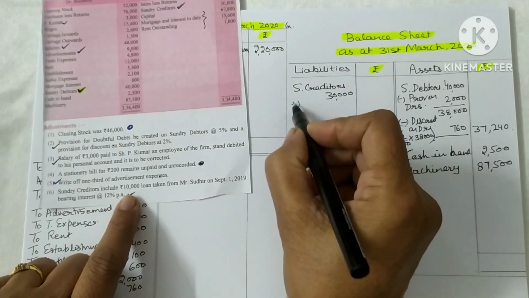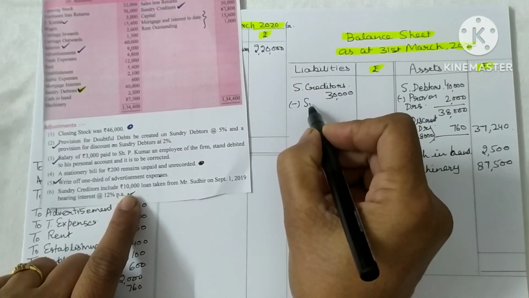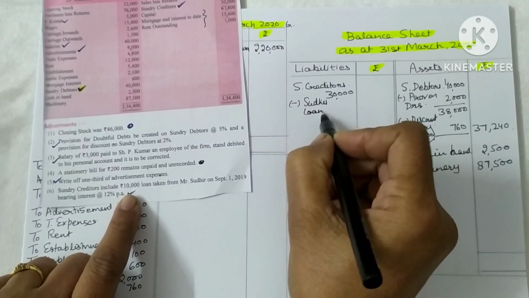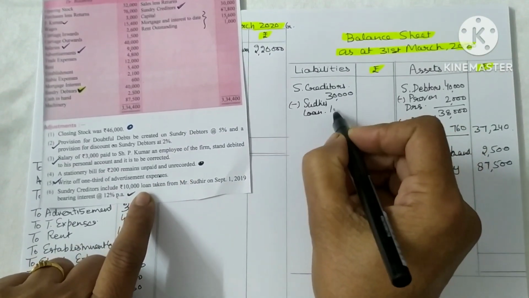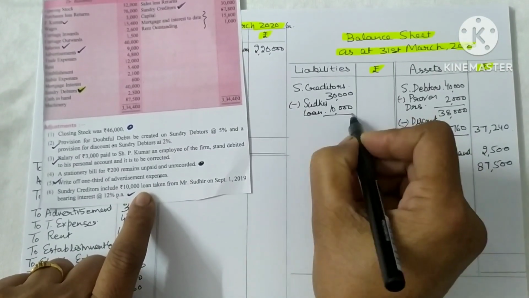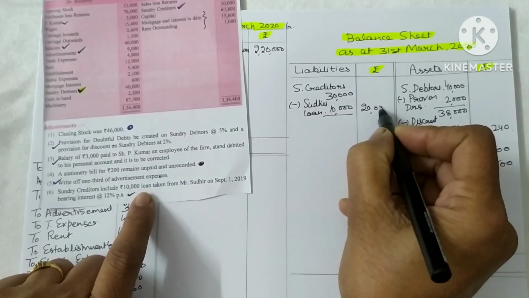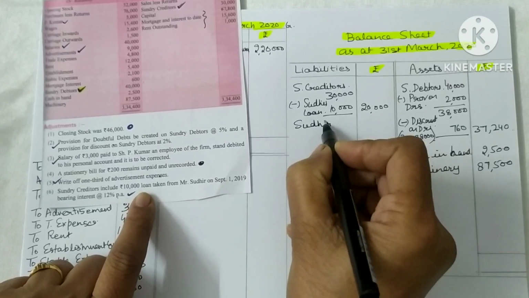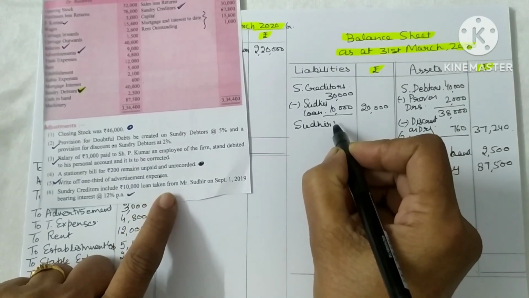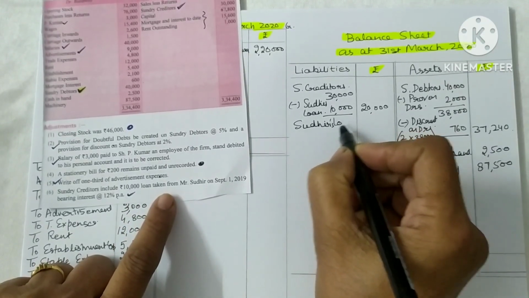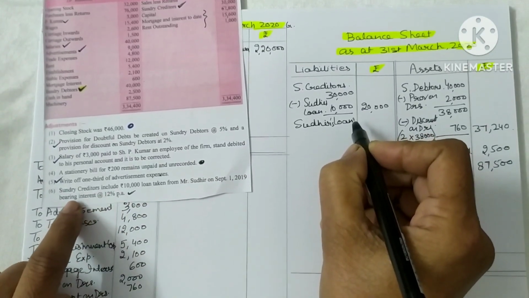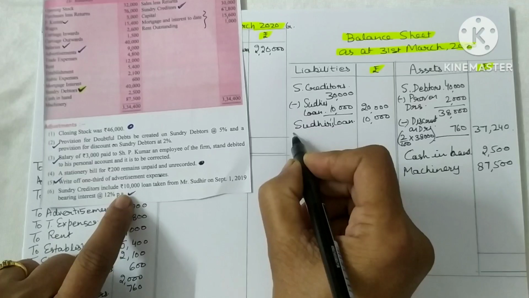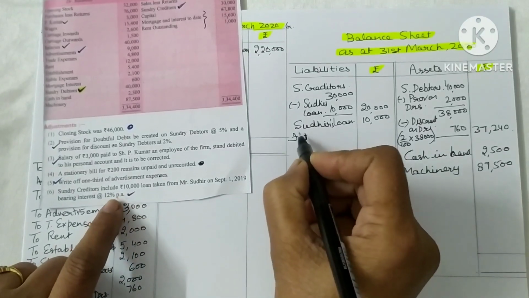So less this Sudhir loan, 10,000. Now creditors are only 20,000. But Sudhir's loan is your liability, so you have to show it on the liability side only. Sudhir's loan, 10,000. Okay.